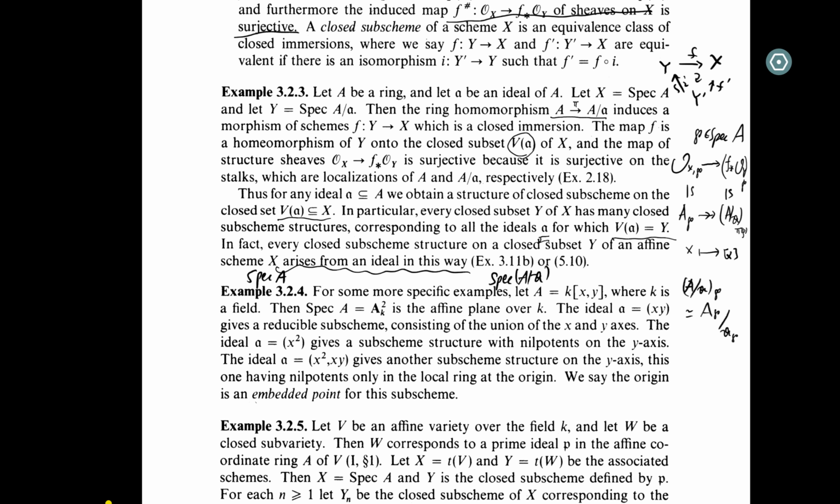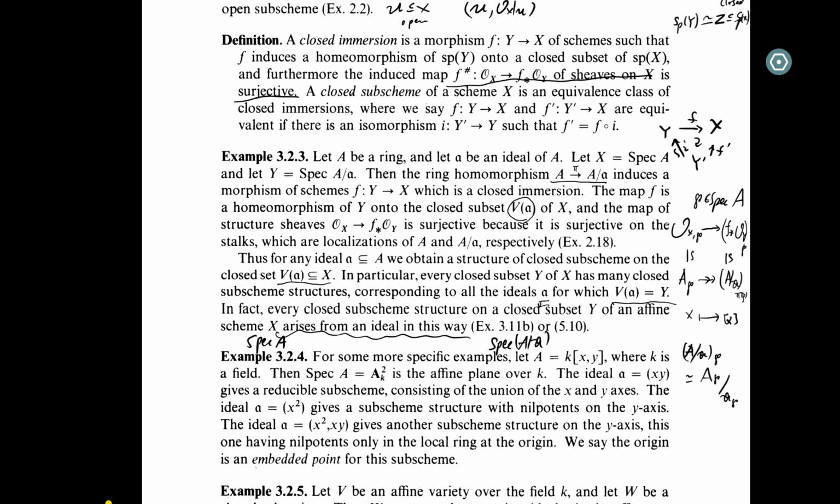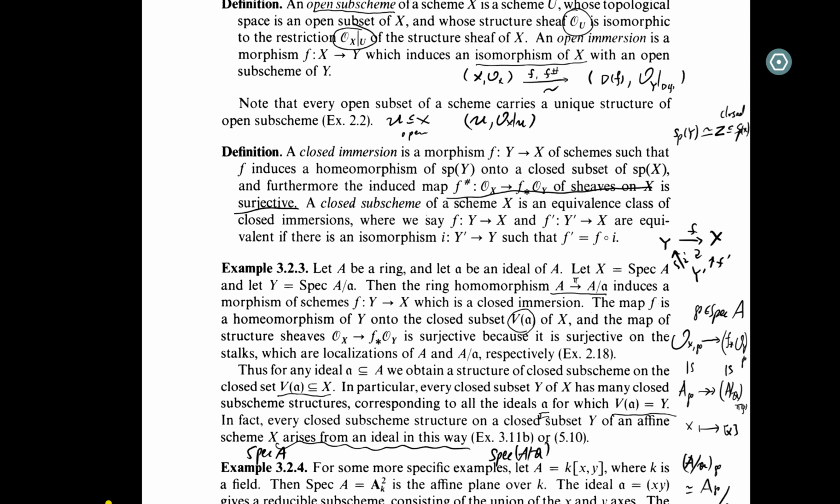It's a very short introduction to the closed immersion itself and the open immersion, just to have a feeling of what an immersion is. The topological space is just a homeomorphism.